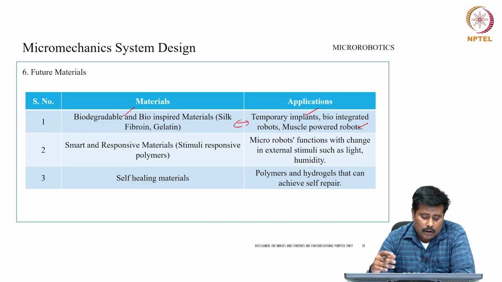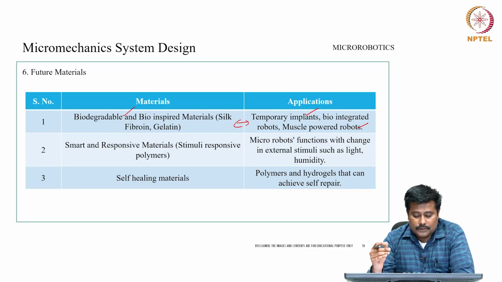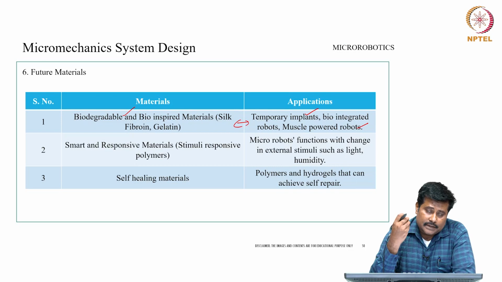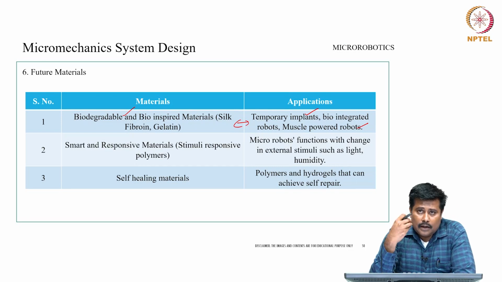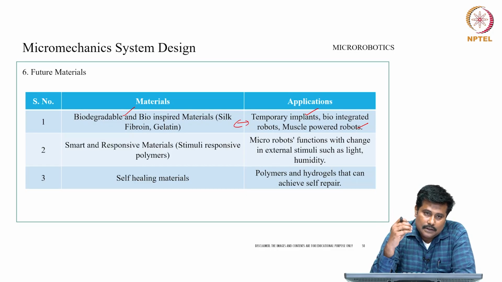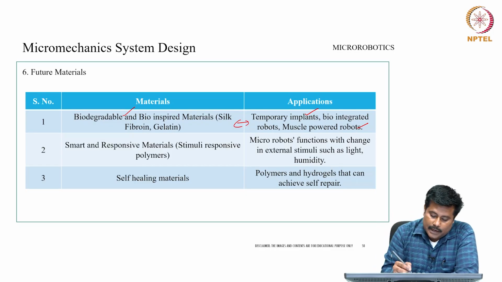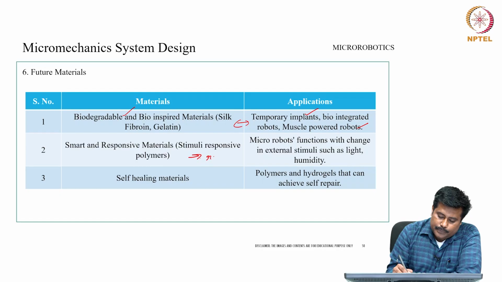Next, when we talk about smart and responsive materials, stimuli response polymers play a vital role. As far as stimuli response polymers are concerned, the stimulus action or the immediate response action with reference to an actuation has a direct relevance towards the response time of the system.